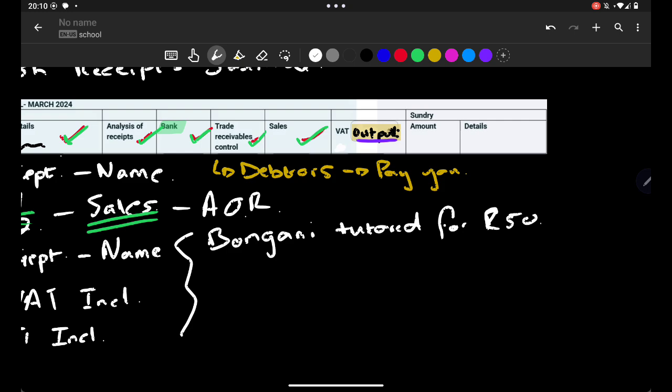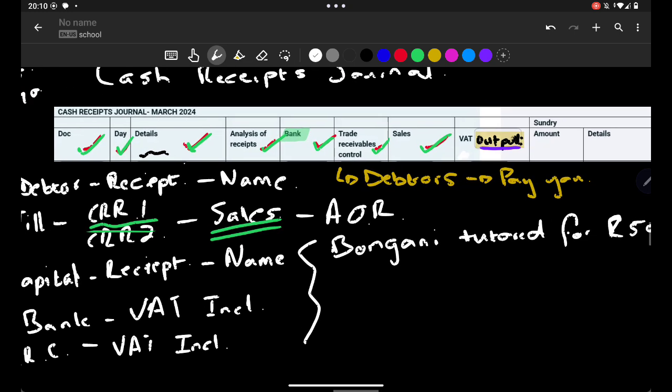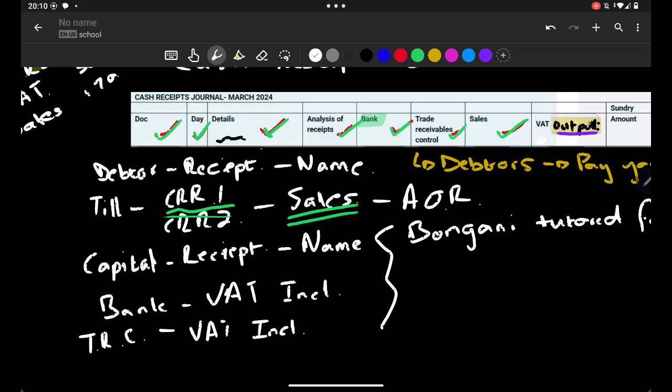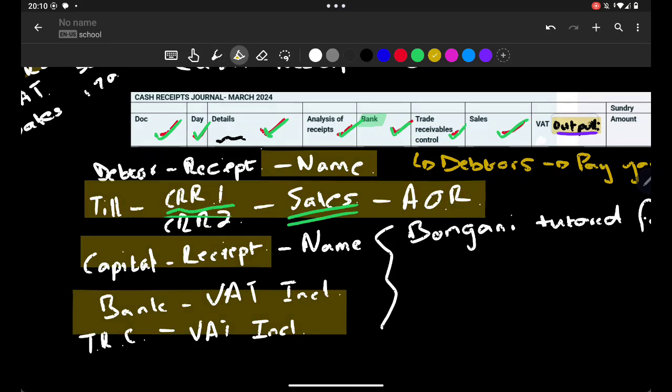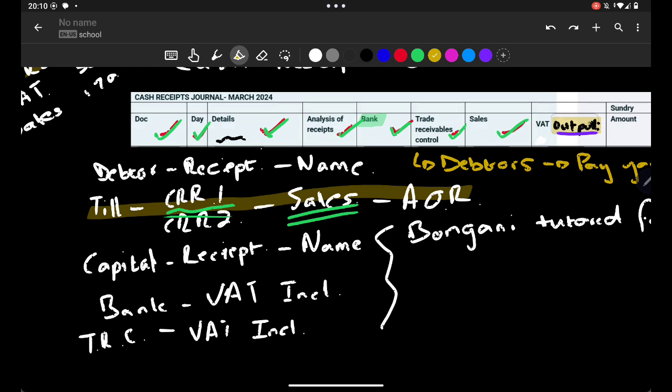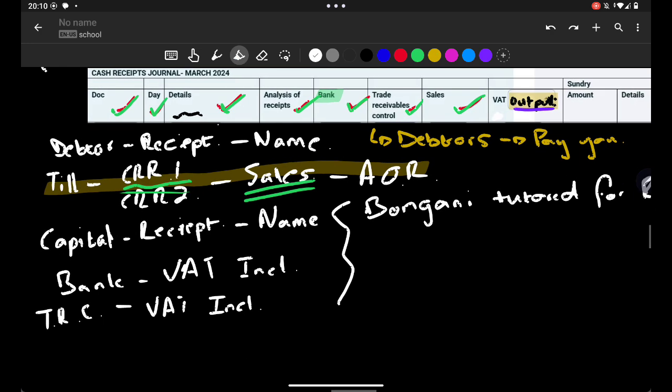Now remember, when you record this part, this is one of the most confusing parts of this whole journal. When you record sales, there are four accounts that are going to be affected, right?